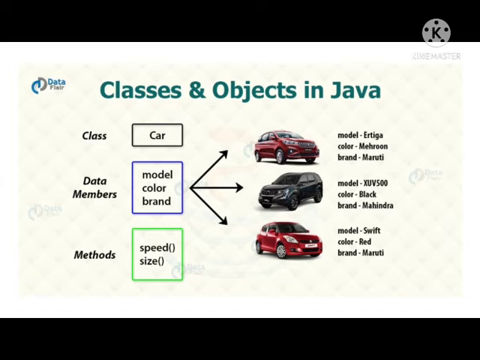These three are the objects of class car. These cars have the same properties but have different values. Here model, color, brand of every car is there, but the value is different. Model is different, and these cars are identified by their model number. Their behavior is speed, so every car has some speed.